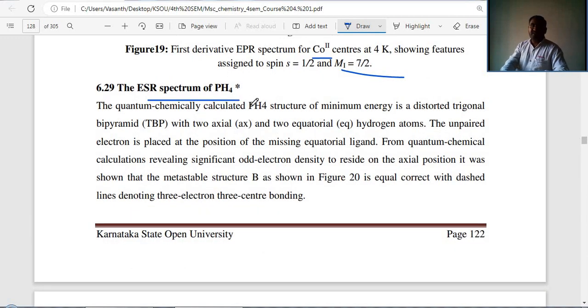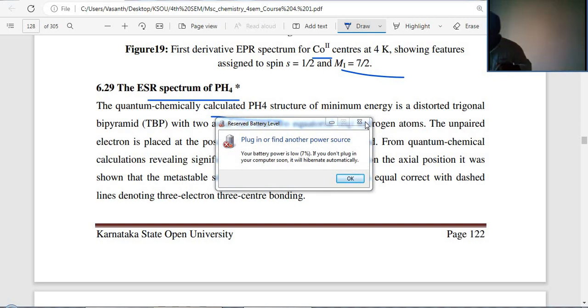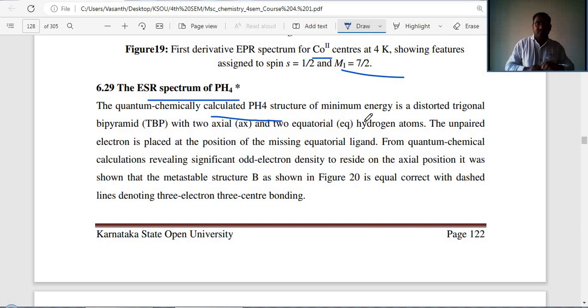Now the ESR spectrum of phosphorus radicals. The quantum chemically calculated structure of minimum energy is a distorted trigonal bipyramidal with 2 axial and 2 equatorial hydrogen atoms.